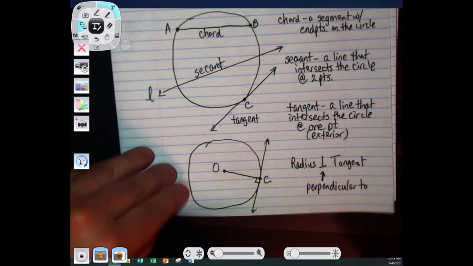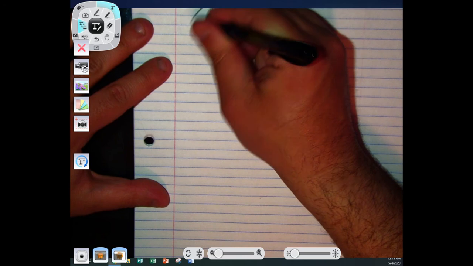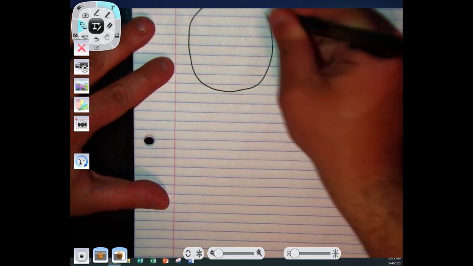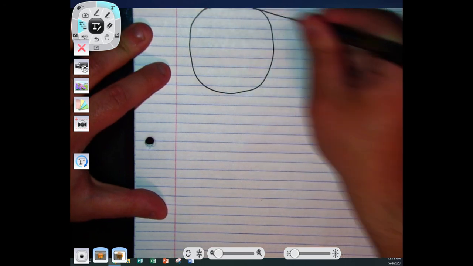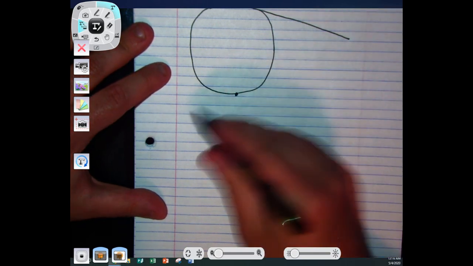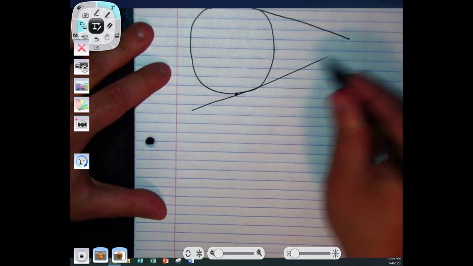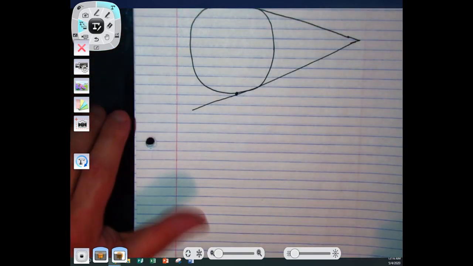Okay, so another idea that comes up about tangents is if I have a circle, and let's say I have two lines that form tangents, because a circle can have many tangents, okay? So here's my two tangent lines.